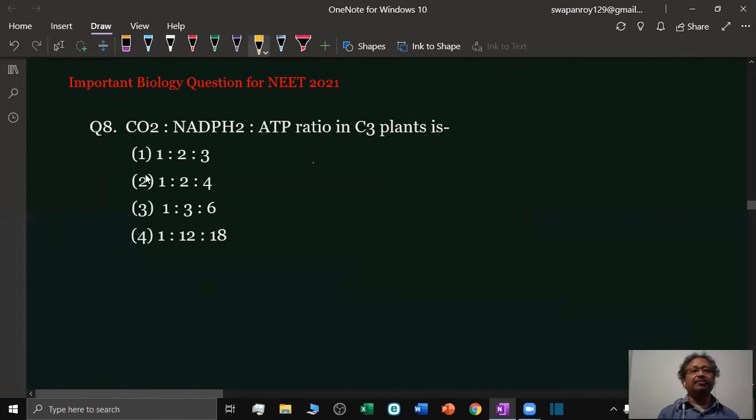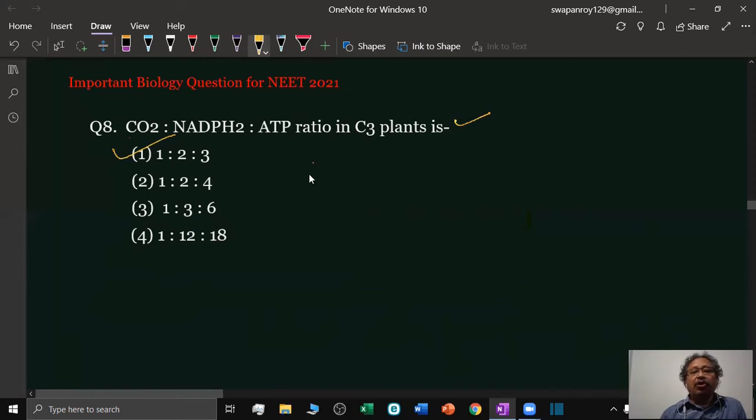Question 8. Carbon dioxide to NADPH2 to ATP ratio in C3 plant is. Options are 1:2:3, 1:2:4, 1:3:6, 1:12:18. Here it is option 1, 1:2:3.